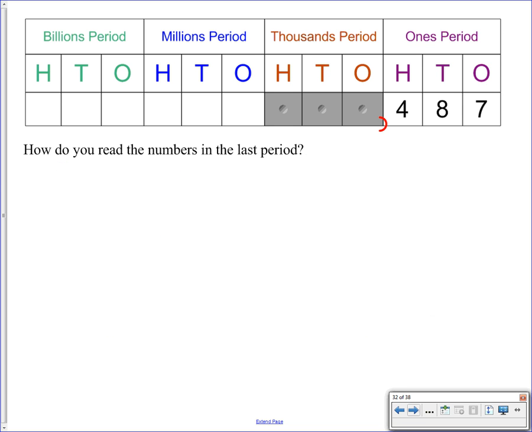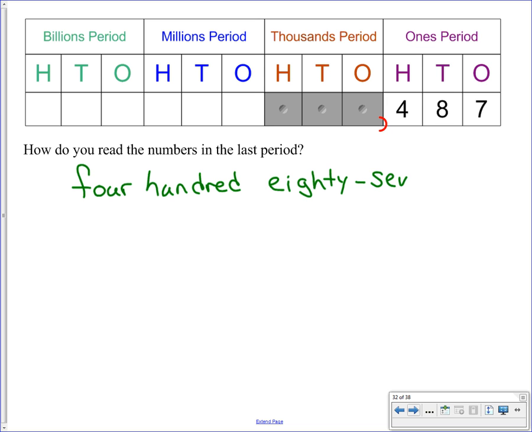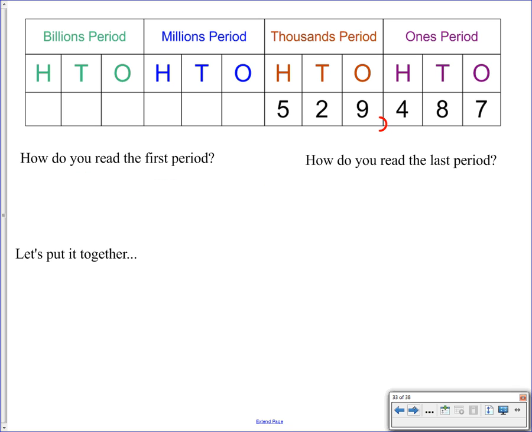So now let's look at the last period. To read that one, it would be 487. That's the number 487. So, looking at the first period, we wrote it as 529.